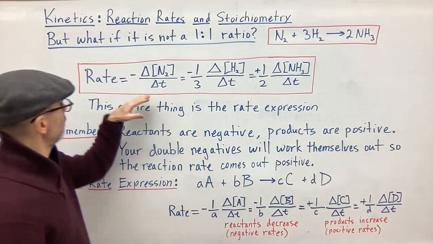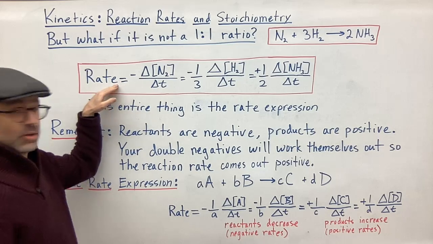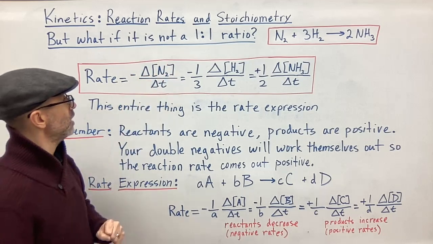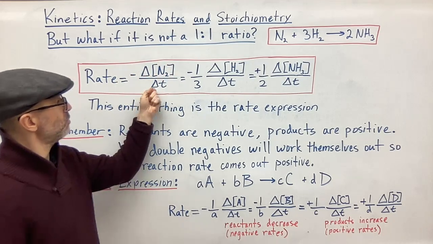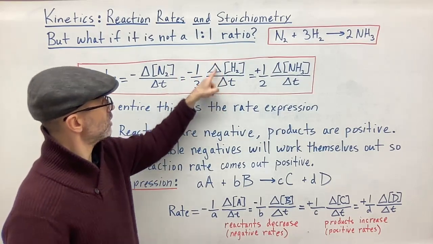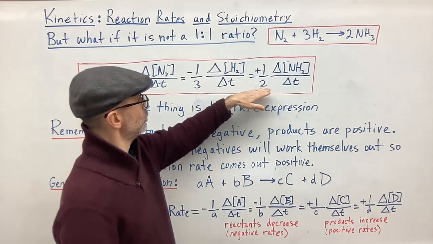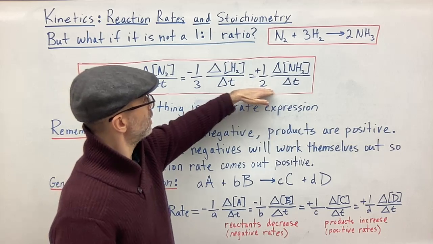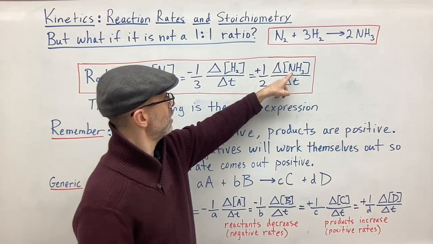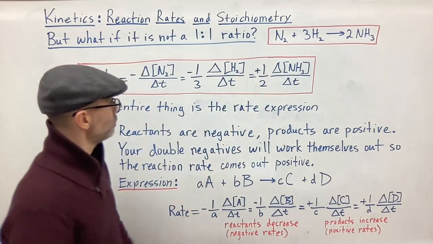And so here we have the expression. The rate of the reaction is going to be negative the change in the N2 concentration over time, and that's going to be equal to negative 1/3 of the change in concentration of H2 over time, and that's going to be equal to the positive change in the production of NH3 concentration over time divided by 2.